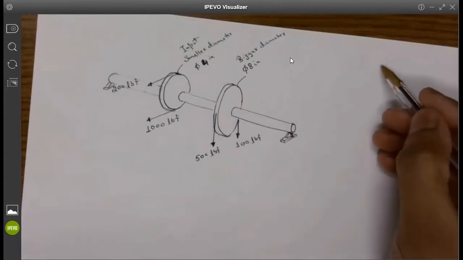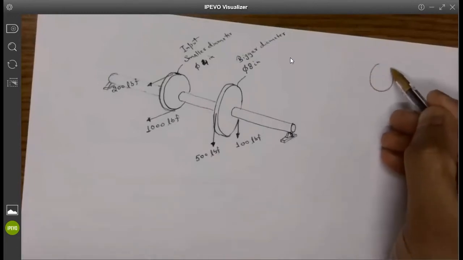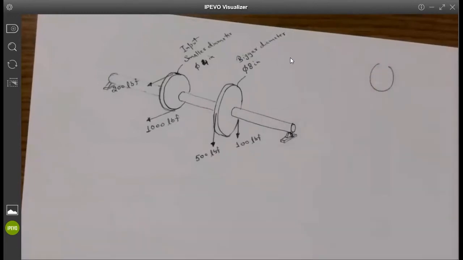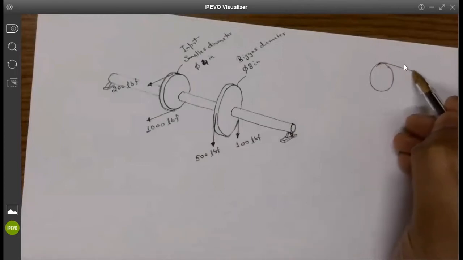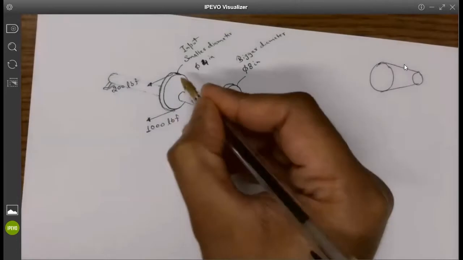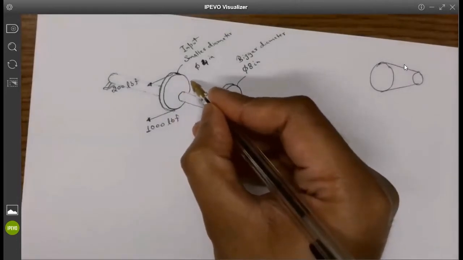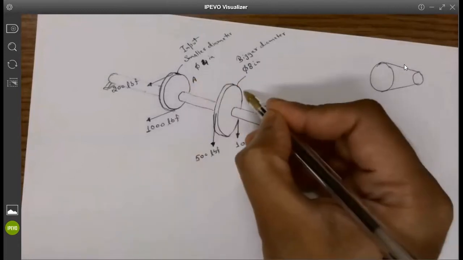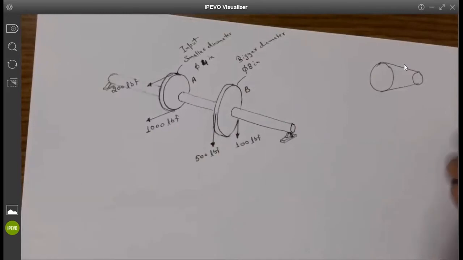Okay, so let me actually draw another schematic here, which may make it easier. This is, let's say, pulley A. This is pulley B. I'm maybe changing the labels here.